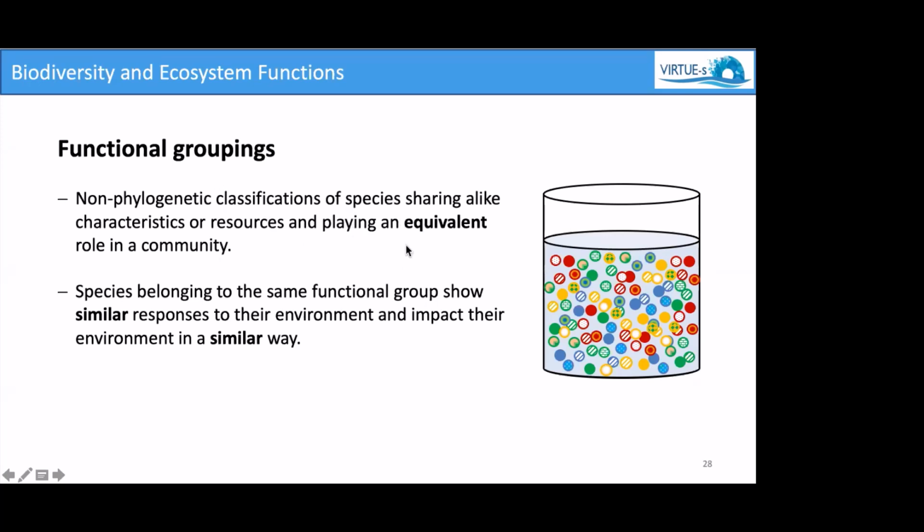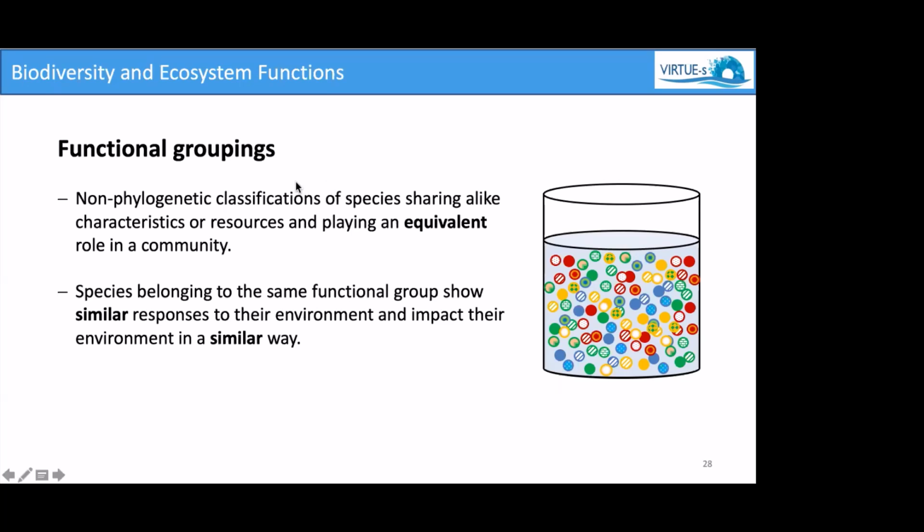The word here is equivalent. That means even if they are grouped in the same functional classification, each species still has a different impact. Some may impact the ecosystem more, some lesser.